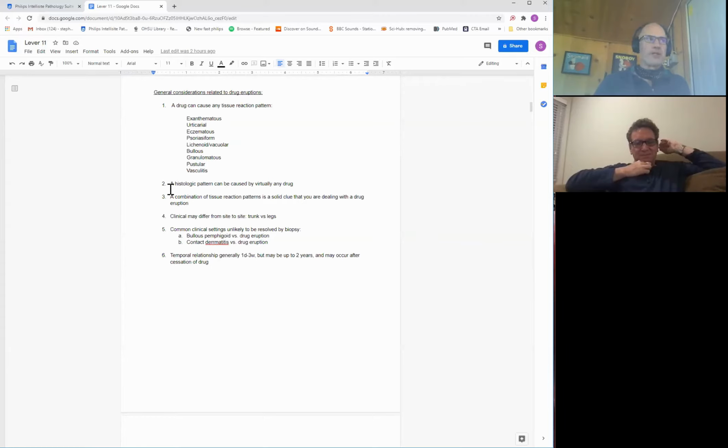So bullous pemphigoid and bullous drug eruptions can have an identical histology on routine H&E stains. Direct immunofluorescence is the answer to that particular question. That doesn't mean that an H&E biopsy is useless, but it's not the answer by itself. And then contact dermatitis versus drug eruption, also a very common question.